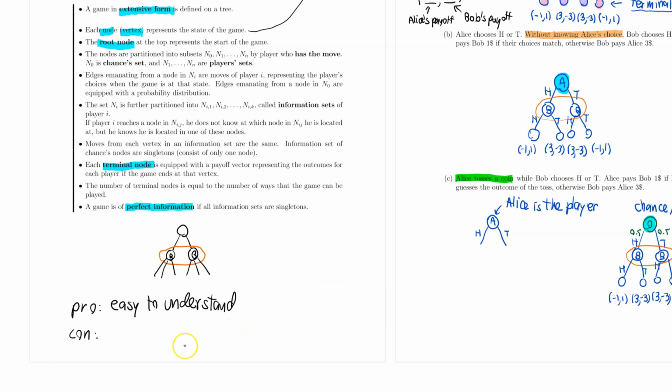However, the con is that the game can be quite big. For example, if I want to draw the game tree of chess, notice how, let's say for the first player, there are 20 possible options. So if I were to draw a tree for this, that's going to be 20 nodes already.